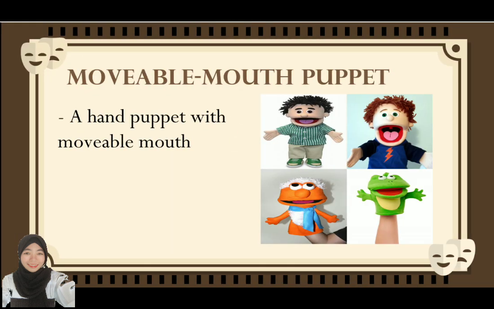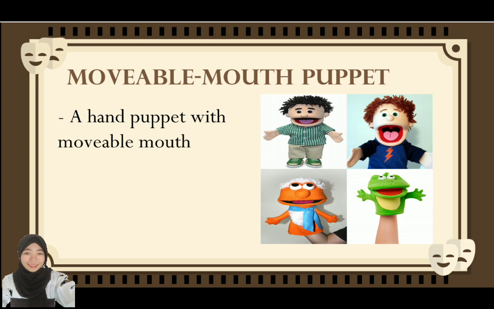The next one, we have a movable mouth puppet, a hand puppet with a movable mouth. So basically, this movable mouth puppet is a type of hand puppet with a mouth that can open and close, controlled by a puppeteer's finger.